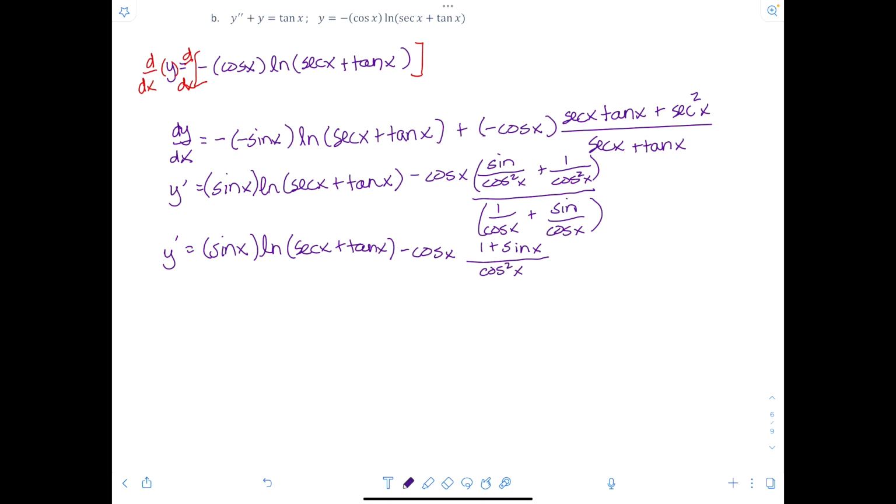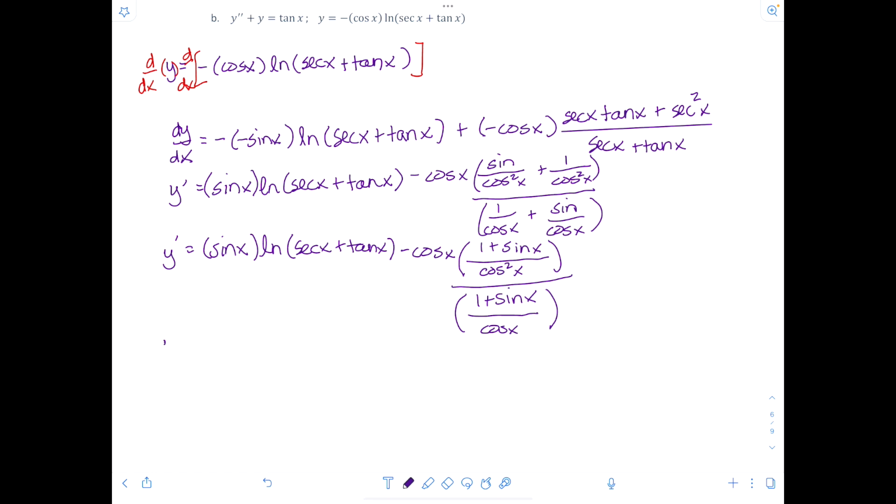That's the numerator, divided by 1 plus sine x over cosine x, because they have like denominators.